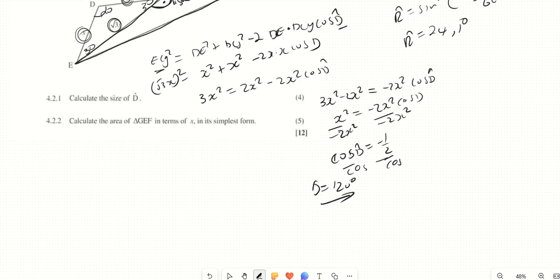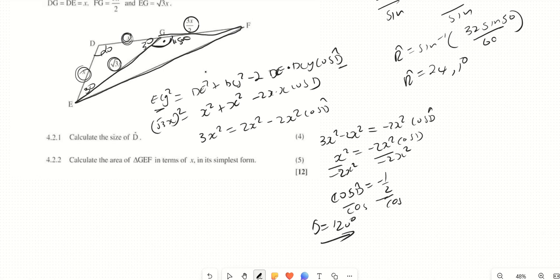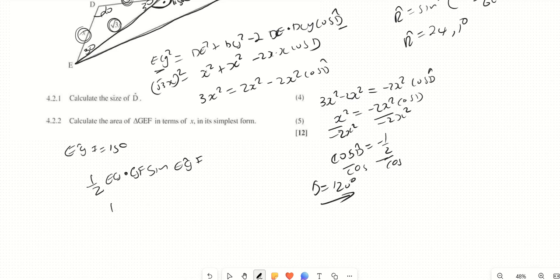So the area rule works in this way. Our angle EGF is 150. So the area is 1/2 times EG times GF times sine 150.